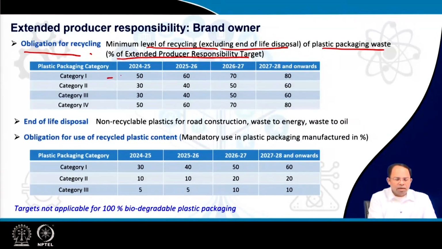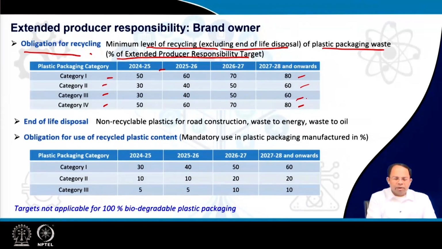Again the targets are given for category 1, category 2, category 3 and category 4 plastics, and you can see separate targets for different years. Coming to the final one, for 2027 to 28, for category 1 the recycling target is 80%, for category 2 it is 60%, same for category 3, and finally for category 4 it is 80%.